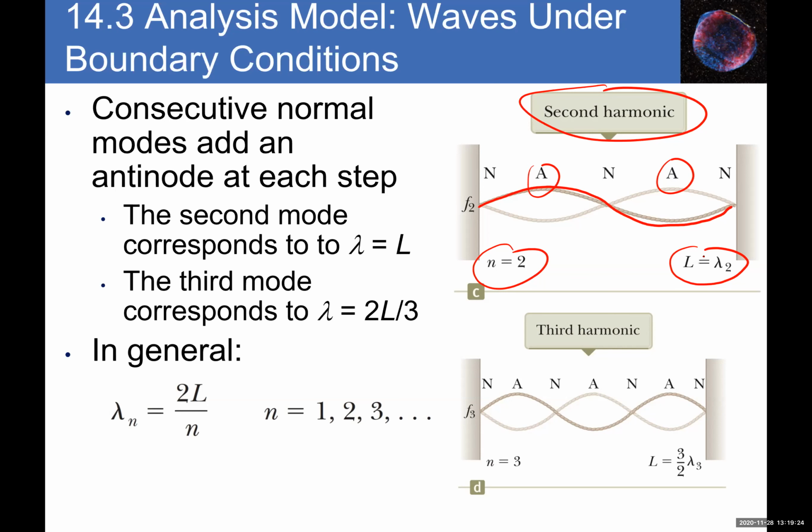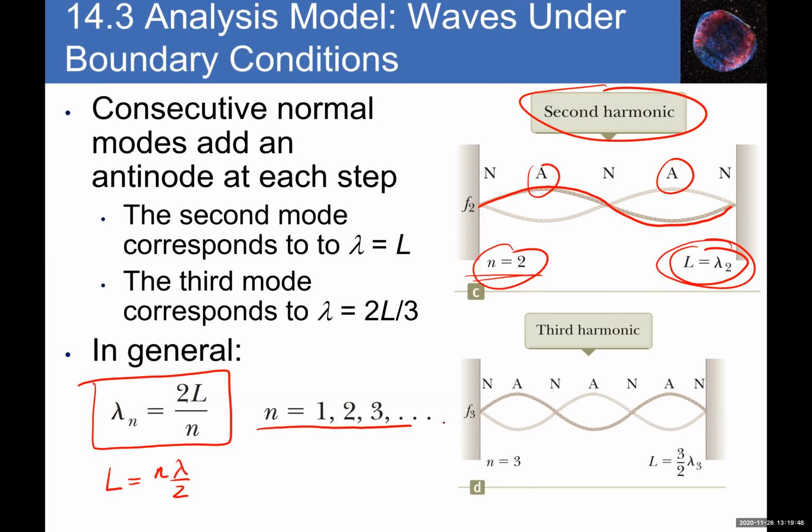Then by looking at how we can incorporate this mode number into this particular equation, we can rearrange it and represent it like this: lambda n equals 2L over n, or by rearranging, L is equal to n times lambda over 2, where n is equal to 1, 2, 3, 4, and so on.